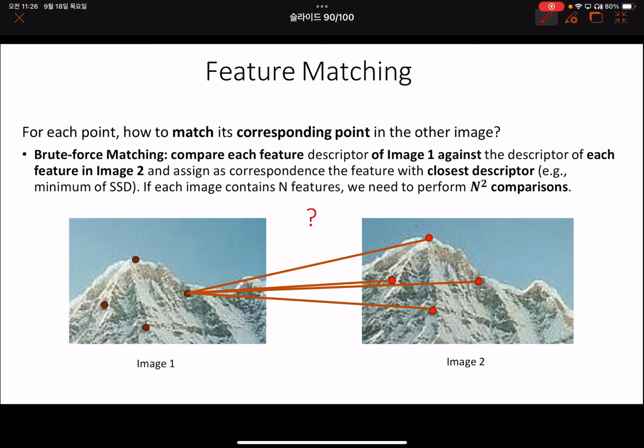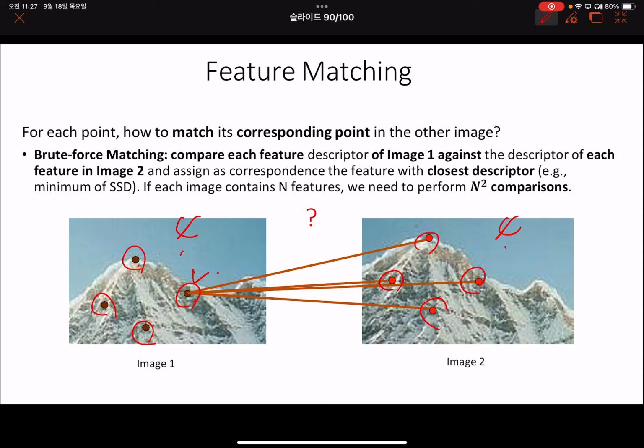So far we only studied how to compute SIFT, but after computing SIFT, we need to find correspondence between them. We have these pixels that turn out to be distinctive, and these are the detected SIFT features. But there are 4 points, and for this point, which of the 4 points is the corresponding point? We need to know that.